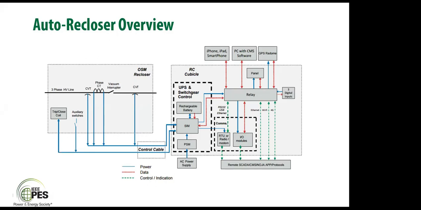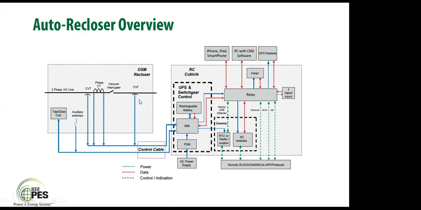This is a functional diagram of an automatic circuit recloser. On the left side, the box you can see is the tank, which is connected to the distribution line. There are a PT and a CT, that means a voltage transformer and a current transformer, to sense the voltage and current from the network.